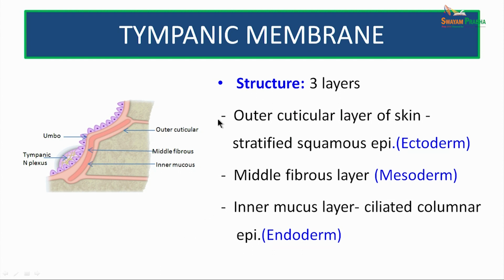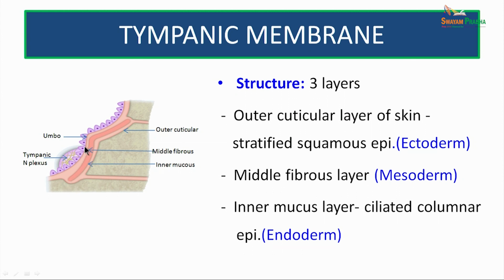Coming to look at the structure of the tympanic membrane, it is a trilaminar structure where the 3 germ layers are found very close to each other, one against the other. The outer cuticular layer of skin formed of stratified squamous epithelium, hairless, is derived from the ectoderm, and it is continuous with the external acoustic meatus.